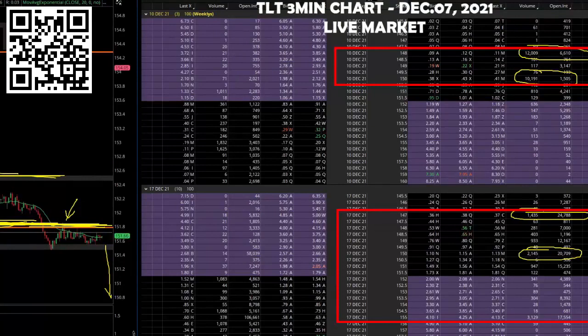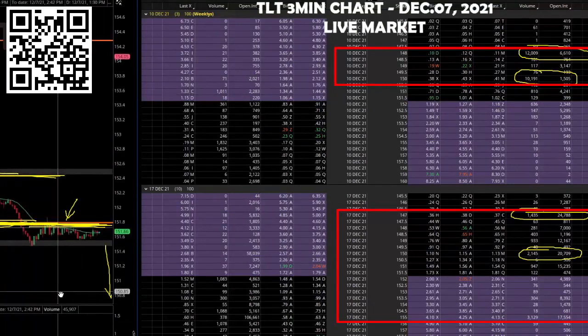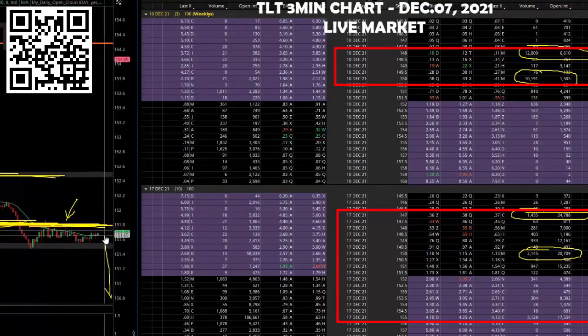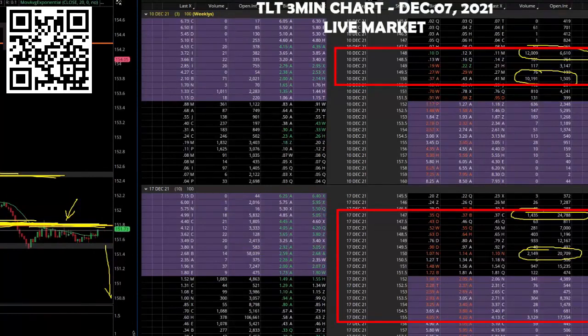We need price to break down, and break down here. Need it here. So let's wait to see if price is going to break down.